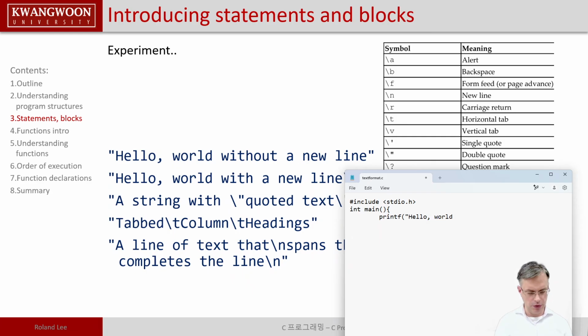I add a space there additionally, just to make sure that my next hello world is separated from that. Hello world with a new line this time, so backslash n.